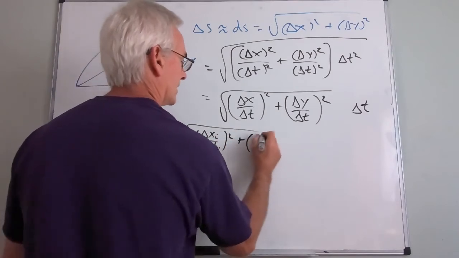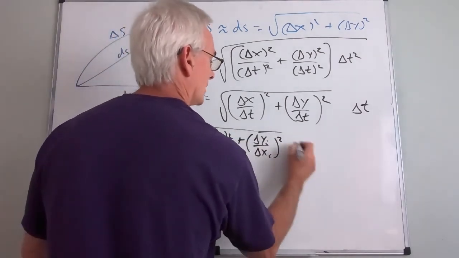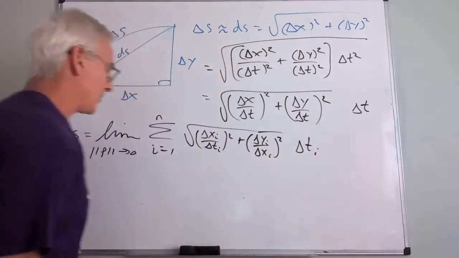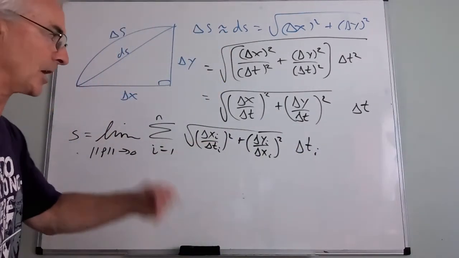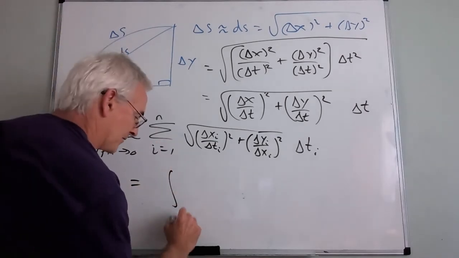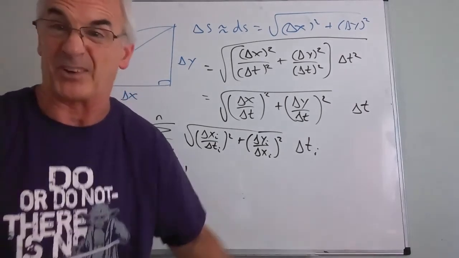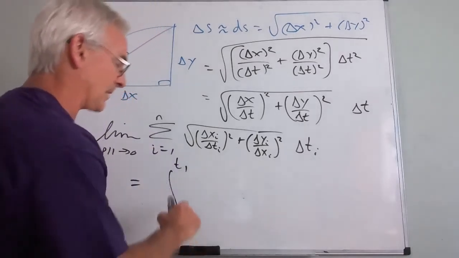But the nice thing is you guys now know what's legal. You know now that I can move the limit inside, and this will equal an integral. Let's just say, for lack of better terms, from T0 to T1, because I have no idea what the values of T are. We have to figure that one out or be told it. But what's my integrand?